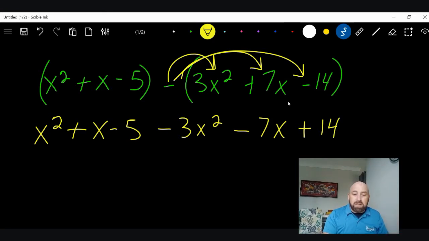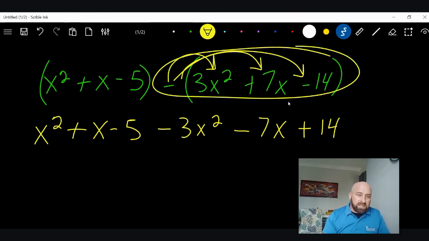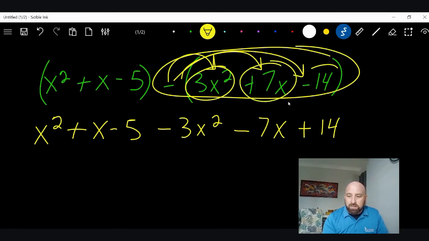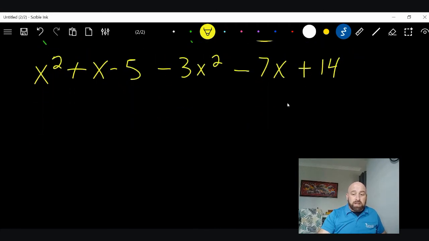So basically, if you look at it this way, in the second one all the signs change. That was positive, now it's negative. That was positive, now it's negative. That was negative, now it's positive. Okay? And now we would solve that the same way. We would just go through that and solve for it.